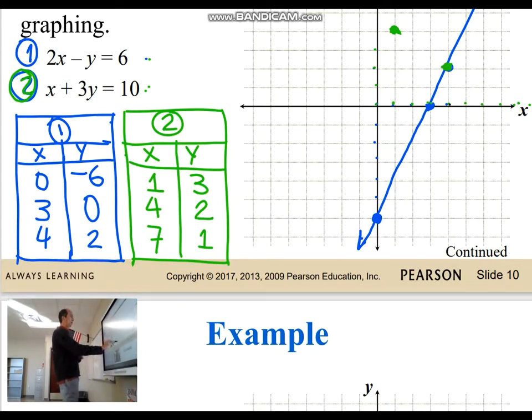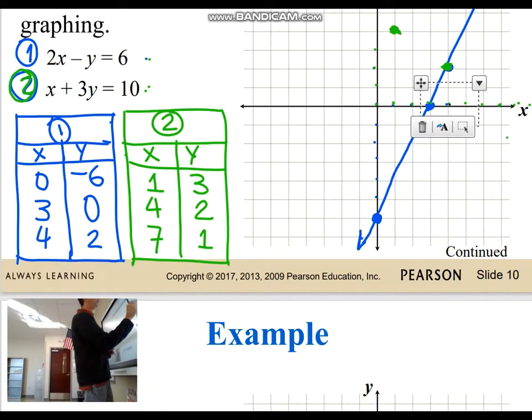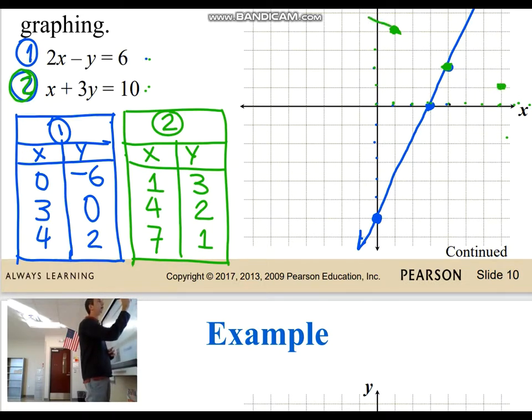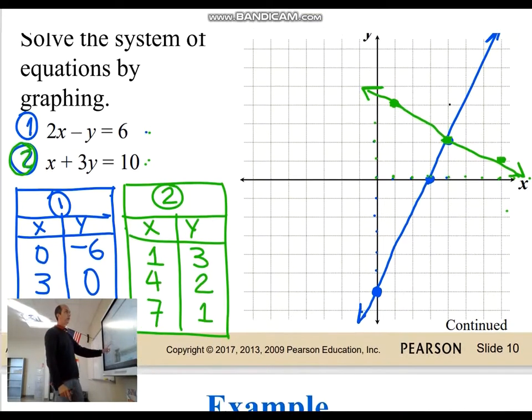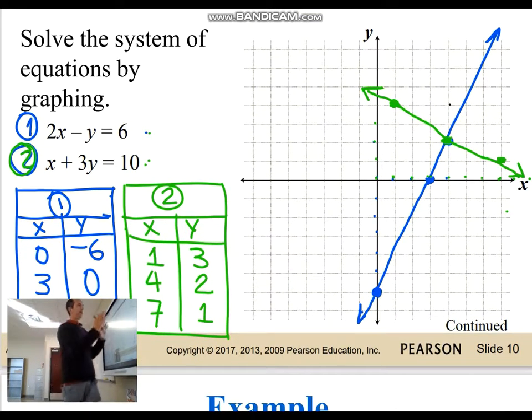And x equals 7, y equals 1: 1, 2, 3, 4, 5, 6, 7, and y equals 1. Now we draw the line here, neat and straight. I recommend you use a ruler to do the cleanest and nicest graph that you can.